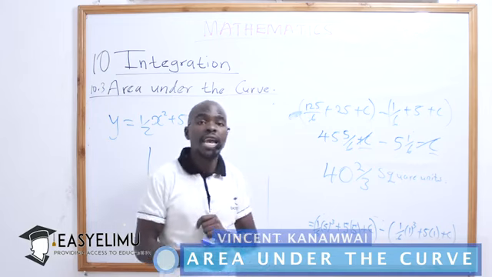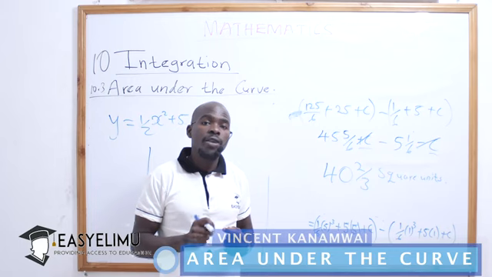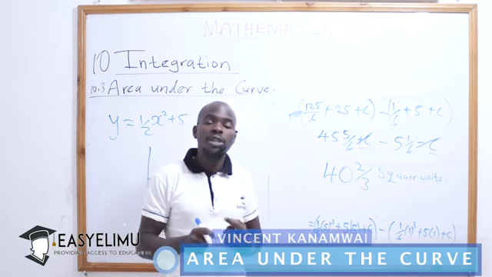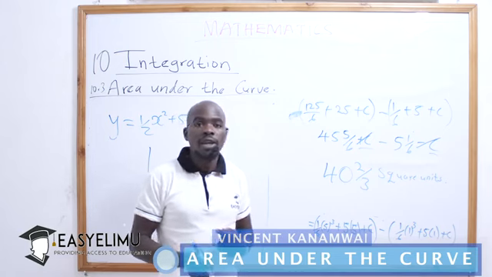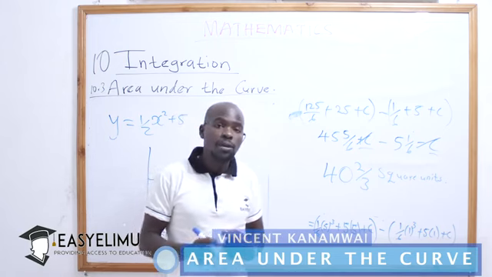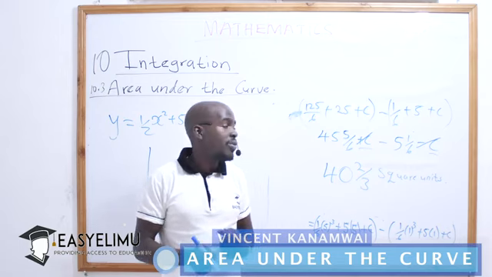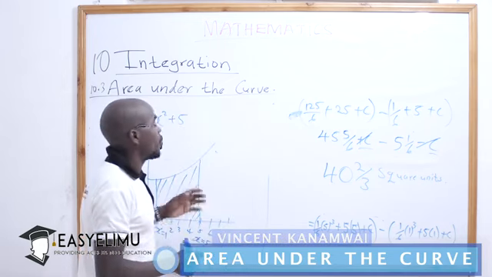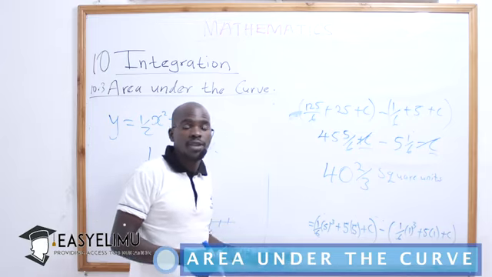Now we can find any given area so long as we have been given the equation of that curve and the limits of integration. It is easy to substitute the integration limits and find the area under the curve, so long as we take the conditions which we have been provided with seriously.